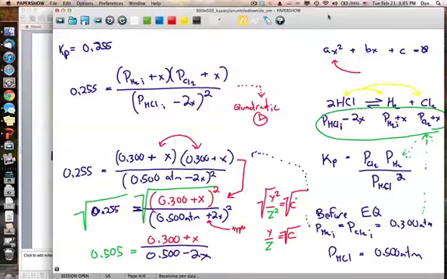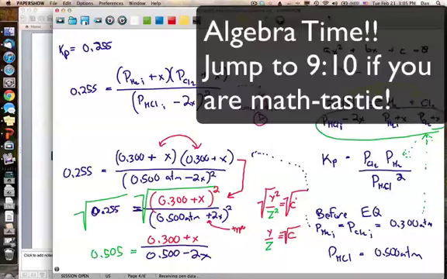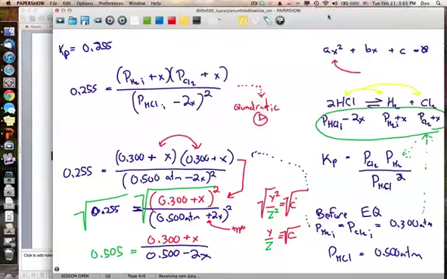Now, we're left with one equation and one unknown, and all we have to do is rearrange. Again, if you're familiar with the algebra, you can skip ahead a little. But let's just actually do the rearrangement. We get the following.